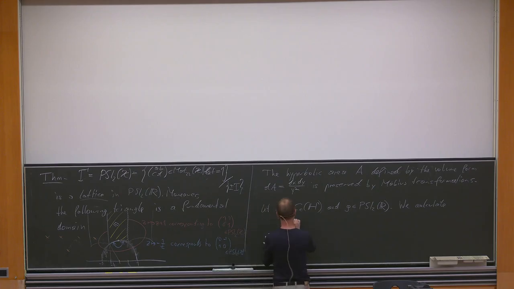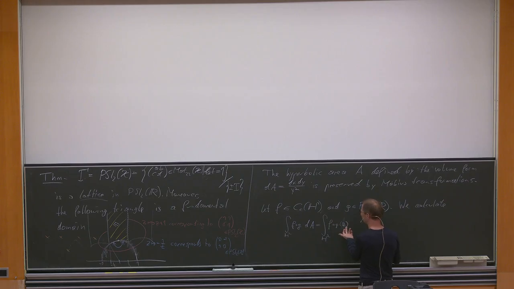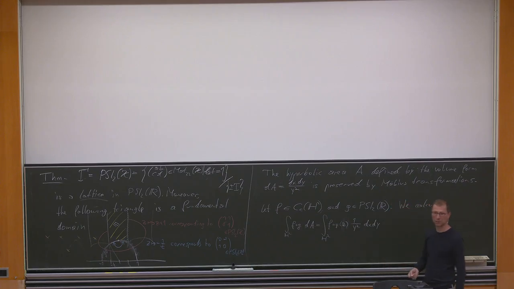So the integral over the hyperbolic plane of f composed with G dA, where f is my function and G is my group element, is equal to the integral of f composed with G at all points z in the hyperbolic plane. And then what is the dA? z is obviously x plus iy, and I'm integrating dx dy, but with this 1 over y squared.